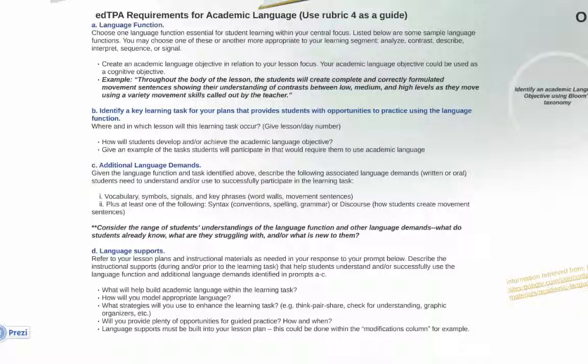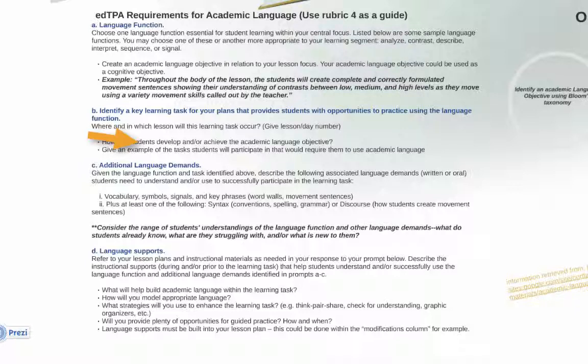So within edTPA, they want to know where and in which lesson is this task that you say you're going to do, that you're going to get the students to practice. Just write down the lesson, the day, and number. And then how are the students going to develop it and achieve your objective for academic language?